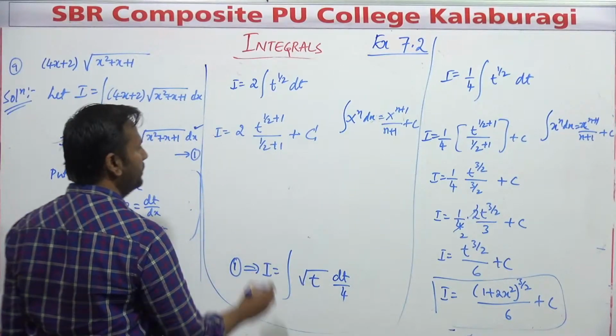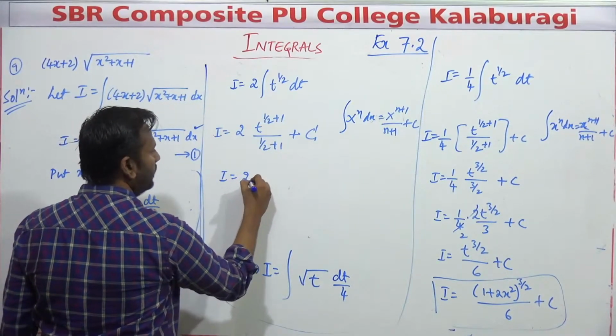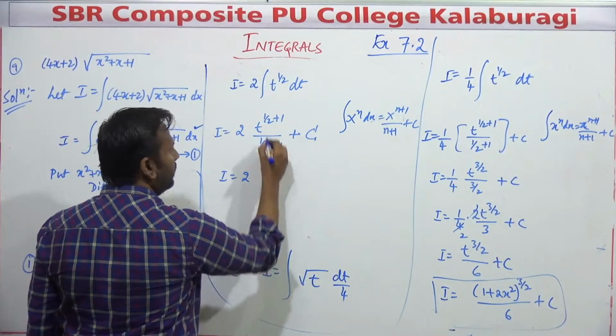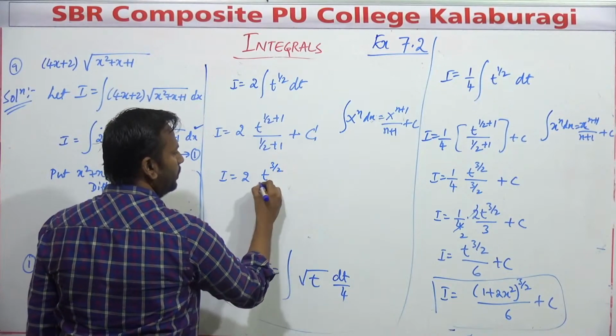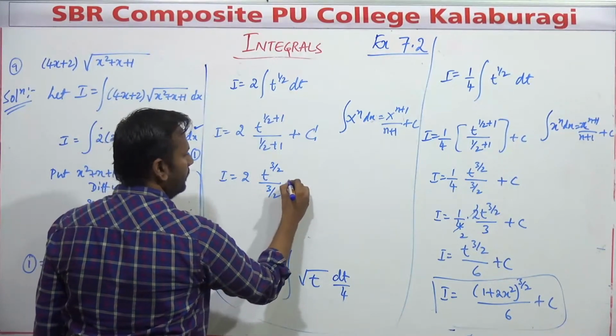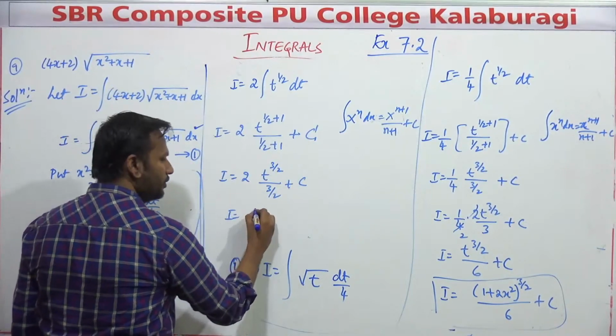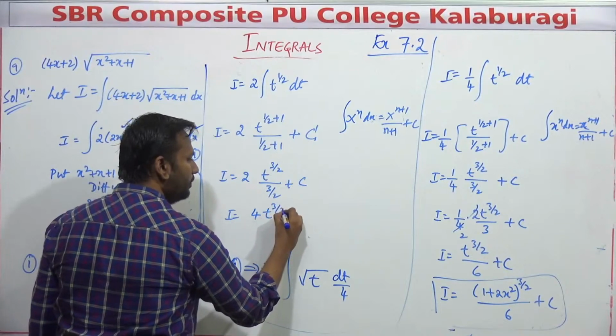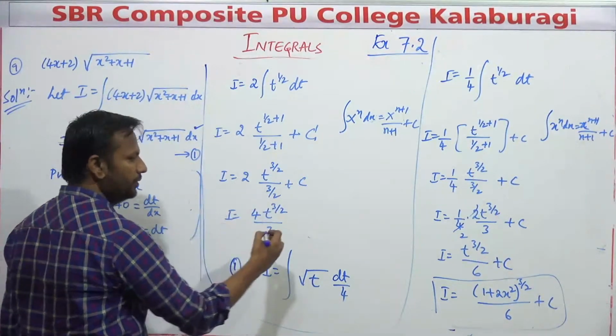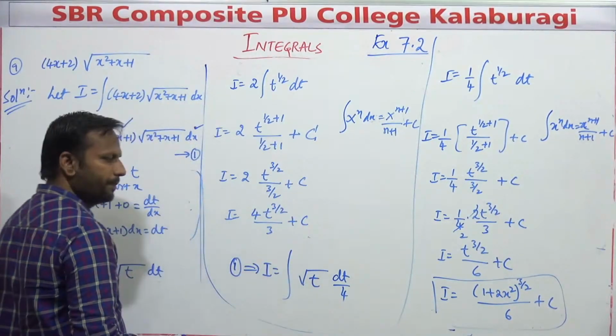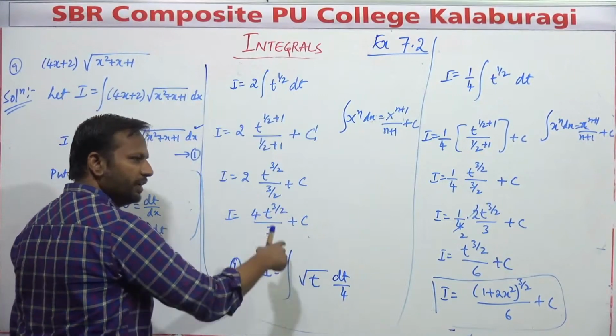The integral constant. 2 times t to the power half plus 1, which is 3 by 2, divided by 3 by 2, plus c. The 2 goes to the numerator now. 2 times 2 is 4, so 4 times t to the power 3 by 2 divided by 3, plus c after simplification.